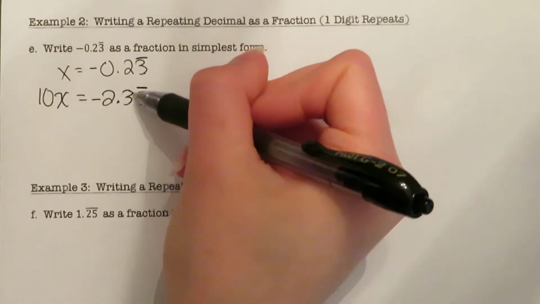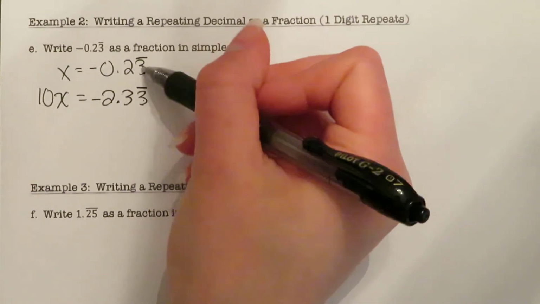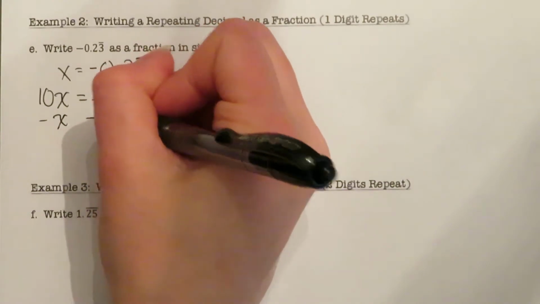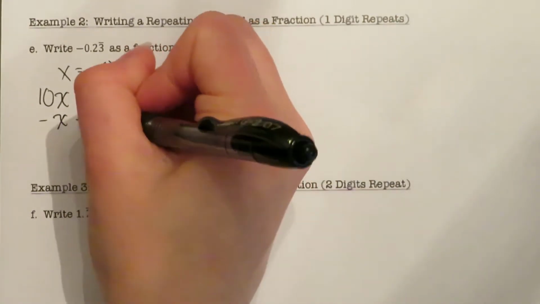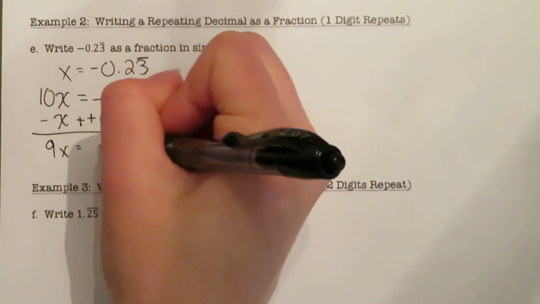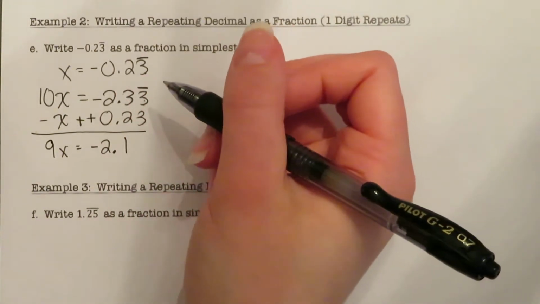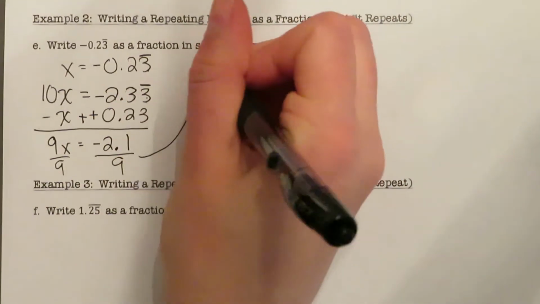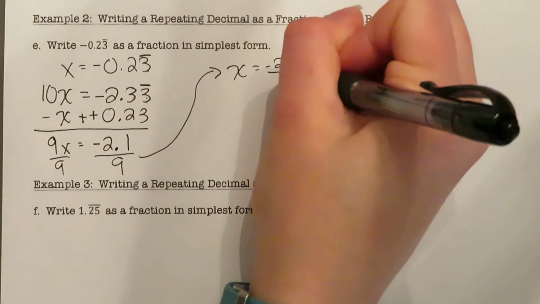The reason why I extended this out to say 0.33 is that I want these to be able to match up. So I'm going to subtract the original from the new. So this actually becomes adding over there. You have 9x equals negative 2.1. Divide both sides by 9. x equals negative 2.1 divided by 9.